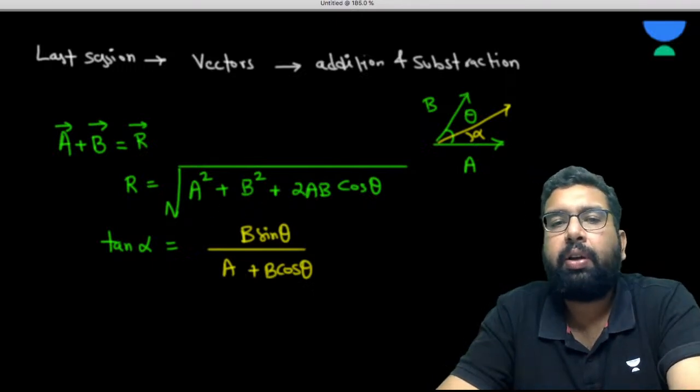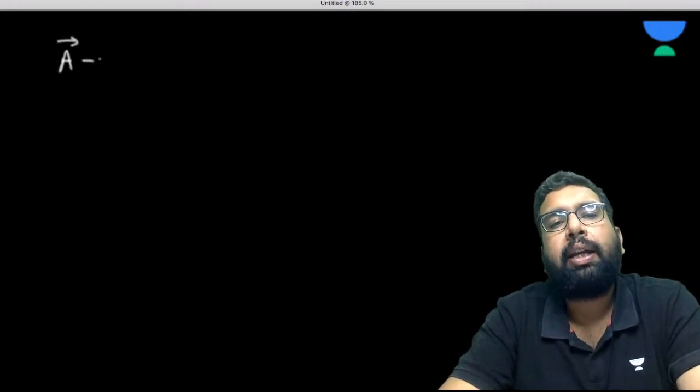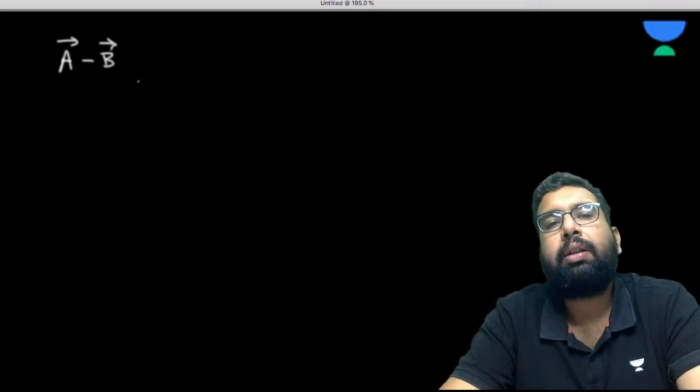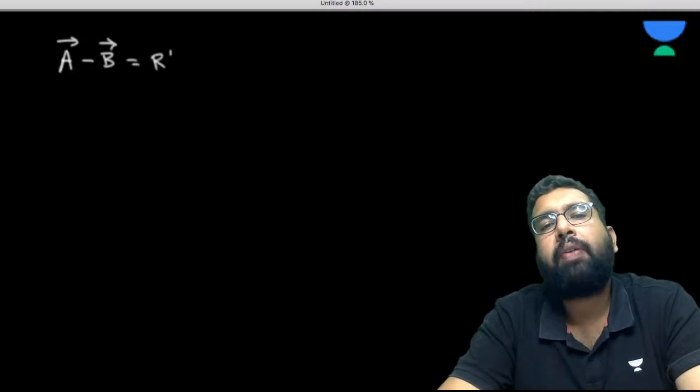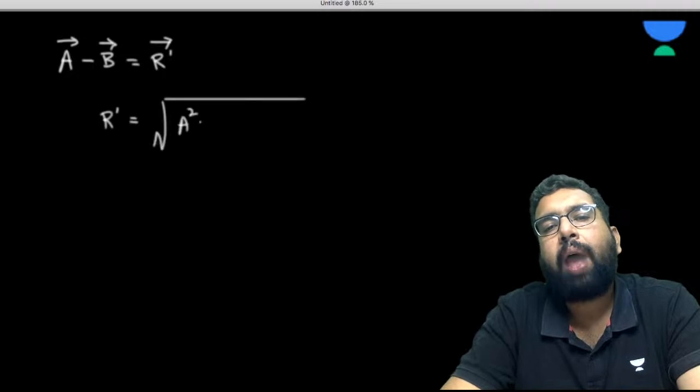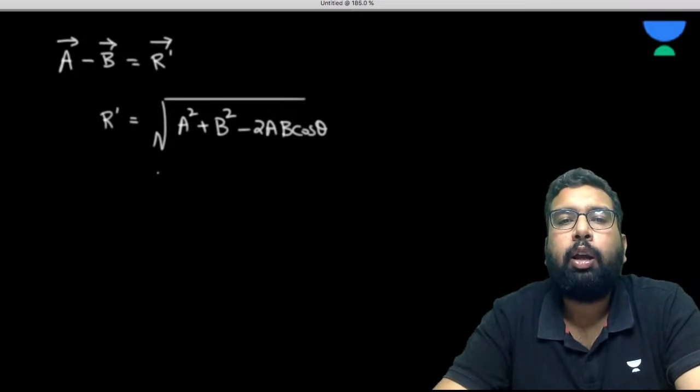Similarly for subtraction, which is nothing but addition only. When we were doing A minus B, the resultant, let's suppose, is the vector R dash. What was the magnitude of this vector? It was under root of A square plus B square minus 2AB cos theta.